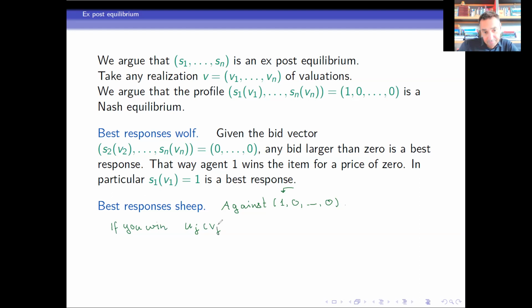So if you win, then what is your utility, what's your valuation subtracted? Well, your payment is now the maximum over the Bj's, where j is other than i, but that is now the maximum over the entries in this vector here, which is 1. So you pay 1.